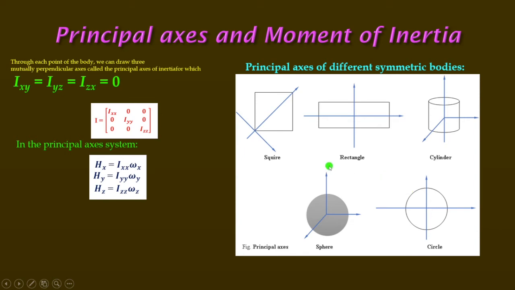So if the rigid body rotates about the principal axis, then our angular momentum components are hx equals Ixx times omega x, and the rest of the part is 0, meaning the product of inertia part is 0, and similarly hy and hz.